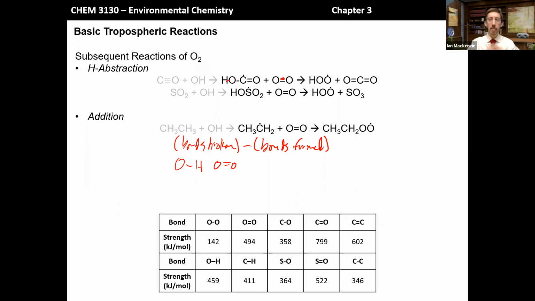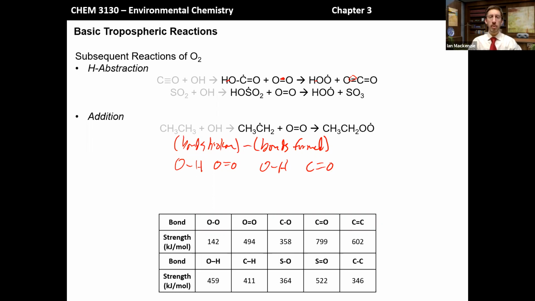I'm just breaking one of the two bonds. It's a little complicated, but I'll explain how we estimate to cover for it. And then on the product side, I formed a new OH bond here. And then I also formed the second bond of the double bond between carbon and oxygen. So I've got this CO bond.